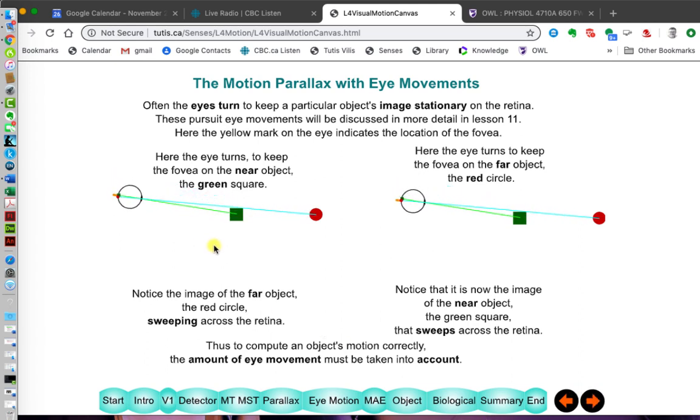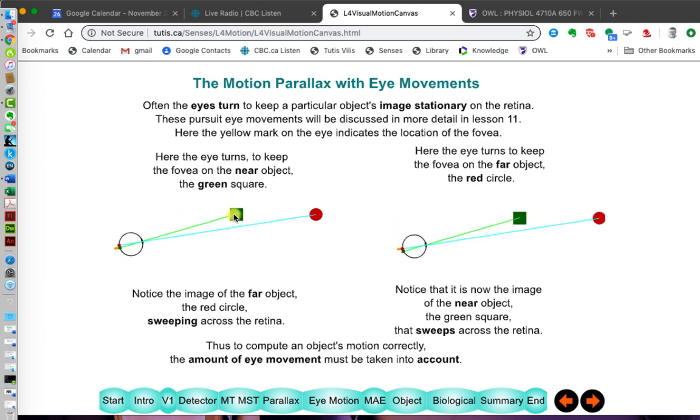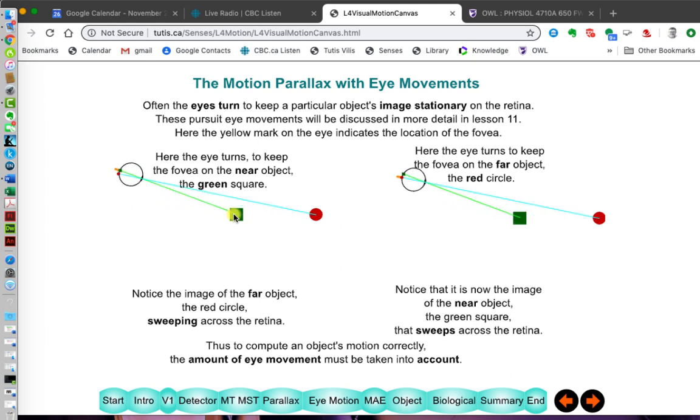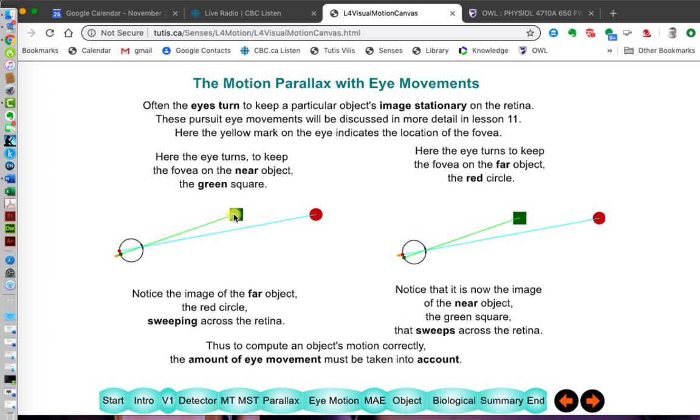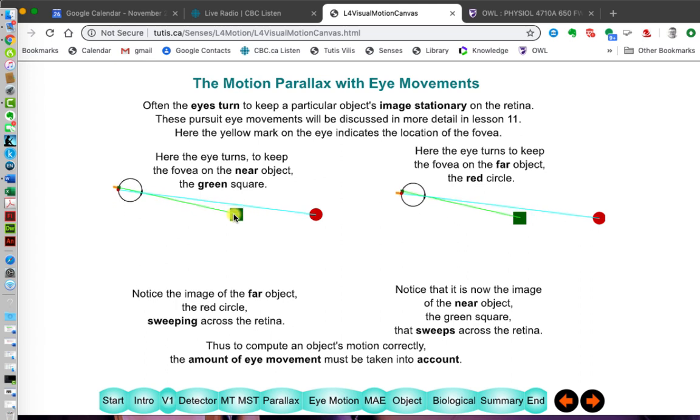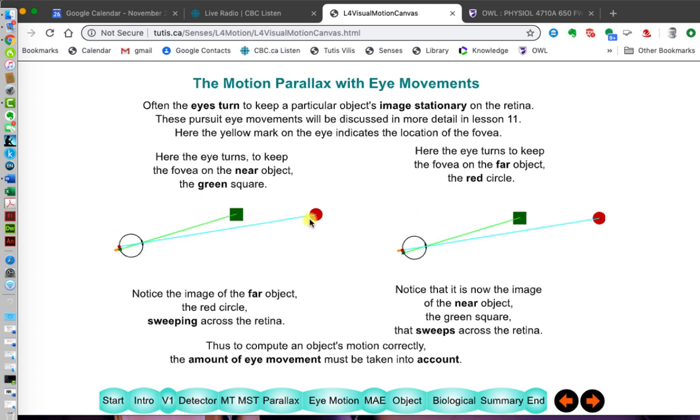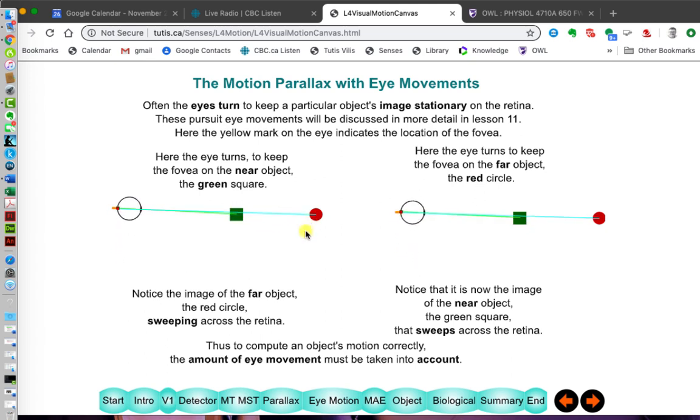Here we have the eye, the fovea pointing at this. You're looking at this square here. And of course, if you're looking at the square here, the square will always be where the yellow line is, where the fovea is, if you're keeping your eye still on that square. And so here we have the near object not moving and the far object moving on the eyeball. And the opposite occurring here.